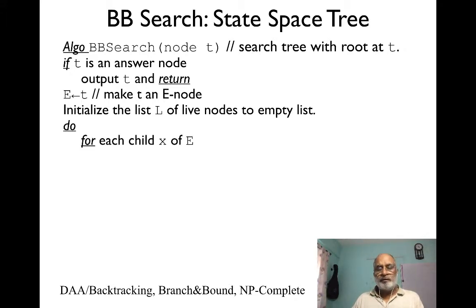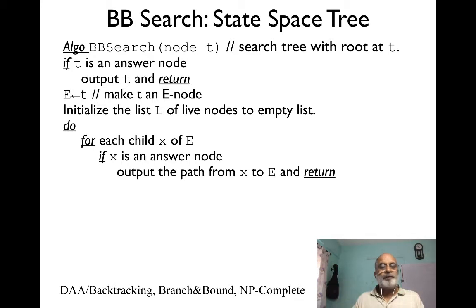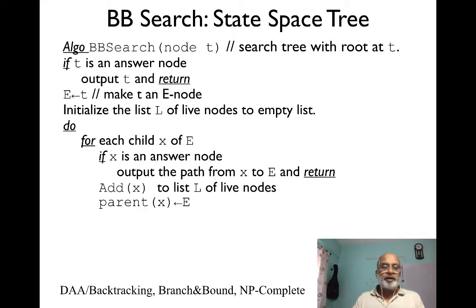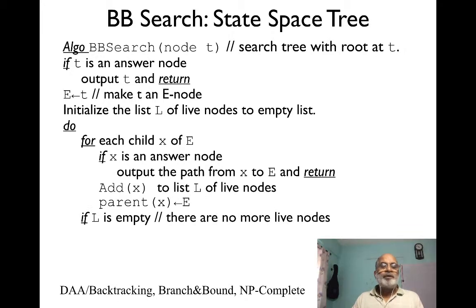For each child, if it's an answer node, output the path from X to the child node and return. If it's not an answer node, then add this child node to the list of live nodes, and define the parent so that you can trace the path back. We stop when L becomes empty. Otherwise, you take the next node and continue.